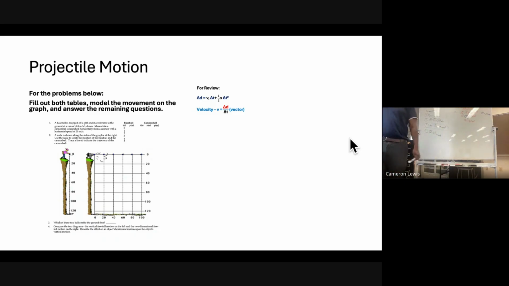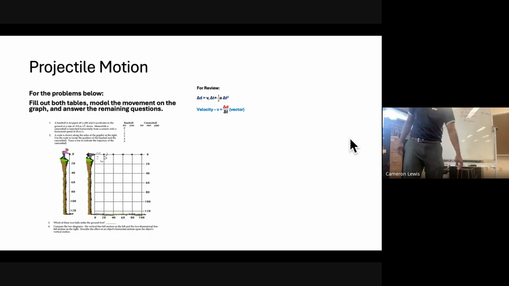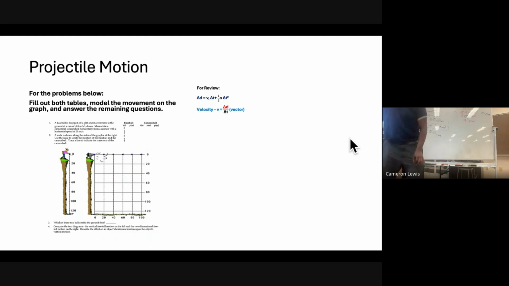Now let's analyze it one more time. This is free fall. I got my marker and I dropped it. What causes my marker to drop? Gravity. Gravity, the force, or the what due to gravity? The acceleration due to gravity.